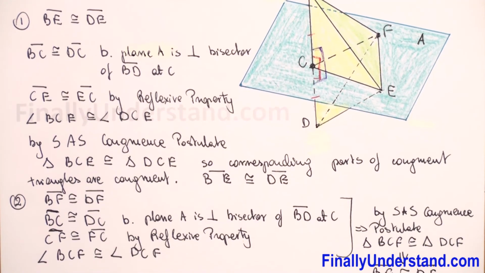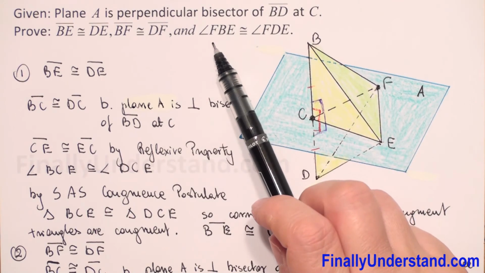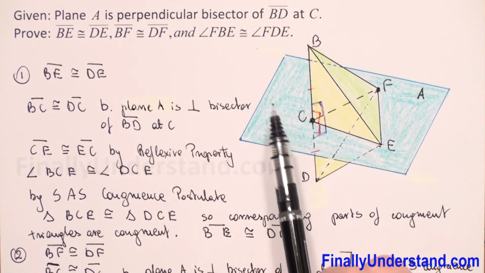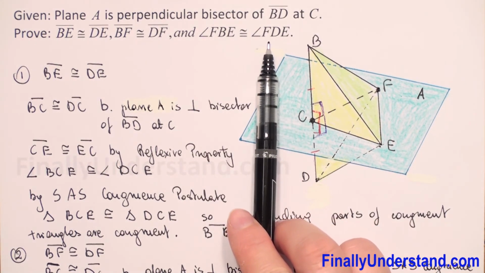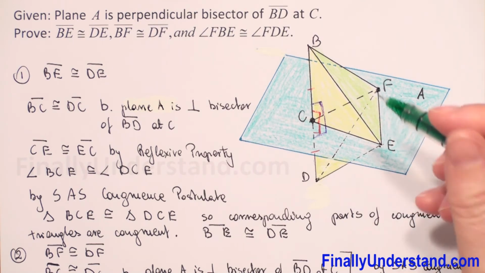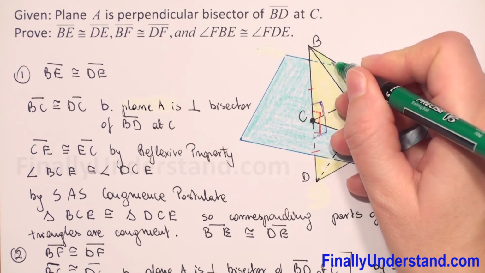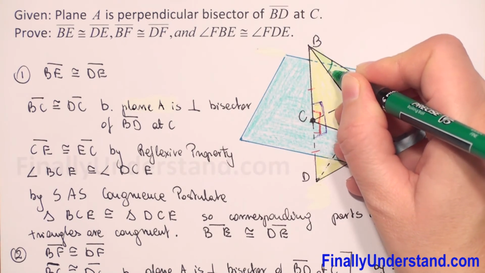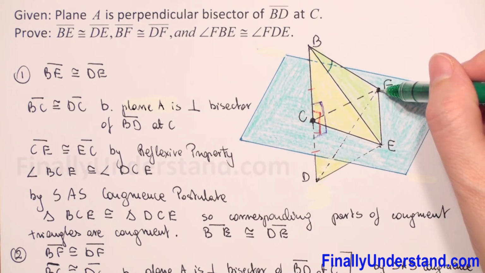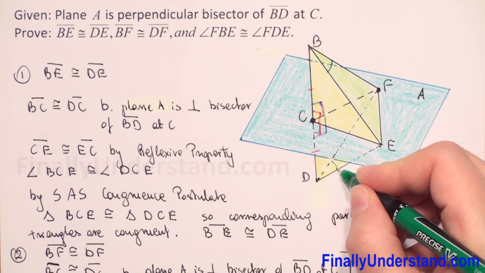And the last question, we have to show that angle FBE is congruent to angle FDE. So let me use a different color. We have to show that this angle FBE is congruent to that angle FDE.